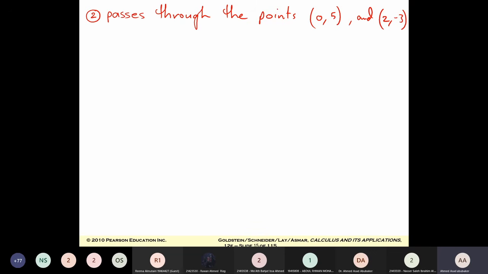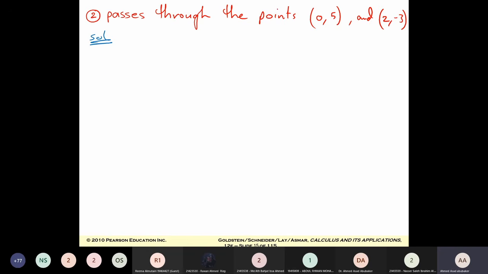So here we don't have the slope; we have not 1 point, we have 2 points. But to write the equation of the line, we need to be given a point and the slope. So how can we find the equation of the line?